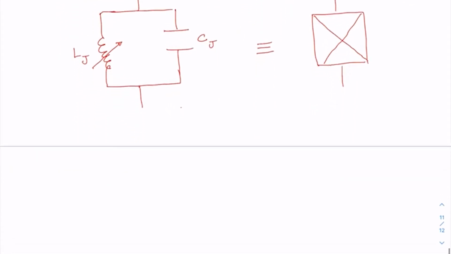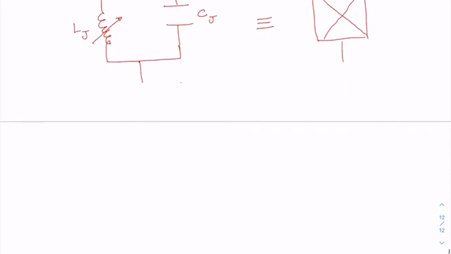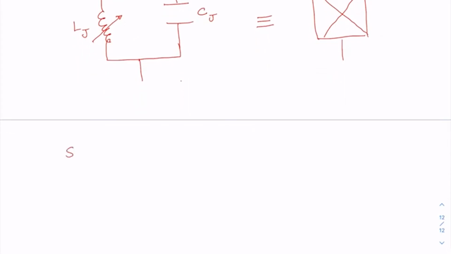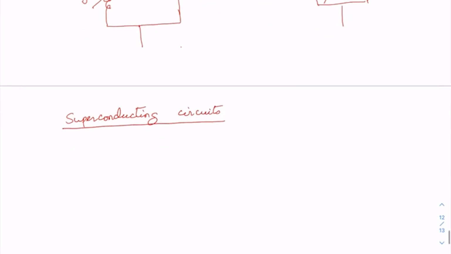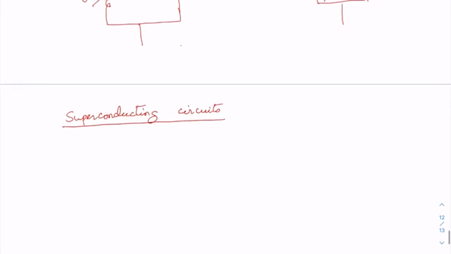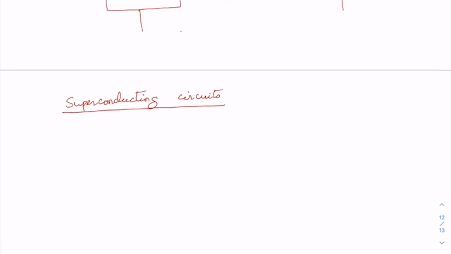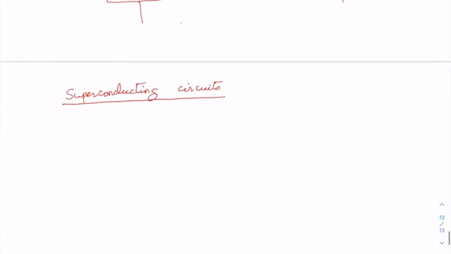Okay, now let us briefly discuss various superconducting qubits. All of us already know that the qubit is a fundamental element in the field of quantum information, and it's basically nothing but a quantum two-level system. One can take advantage of the Josephson junctions to build a two-level system that will be called a superconducting qubit.